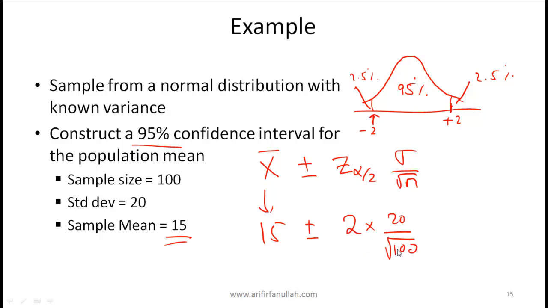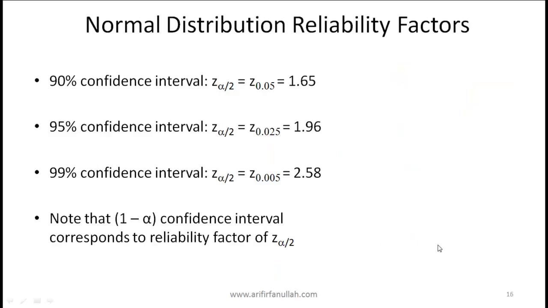So 2 times 20 over 10, 2 times 2 is 4. So basically we have 15 plus or minus 4. Essentially then what we are saying is that with 95% confidence we can say that the population mean is between 11 and 19. So that's one example.